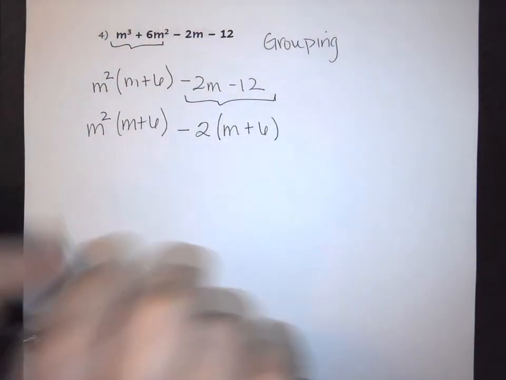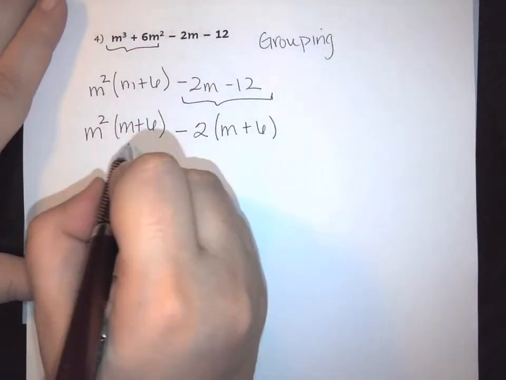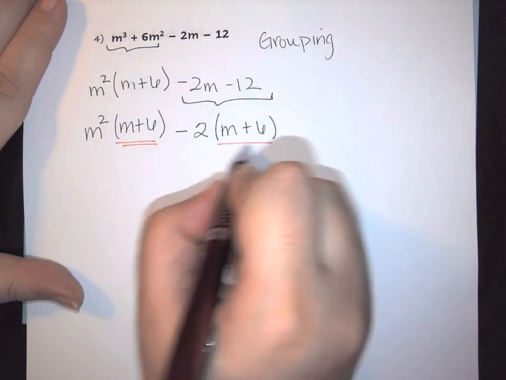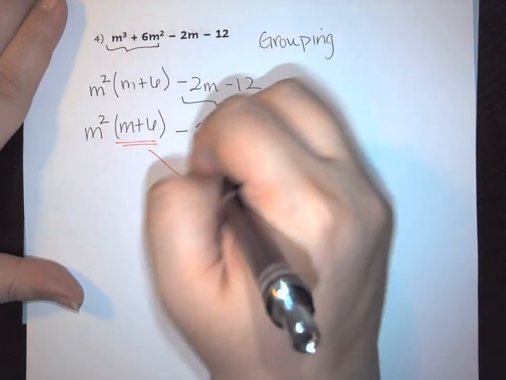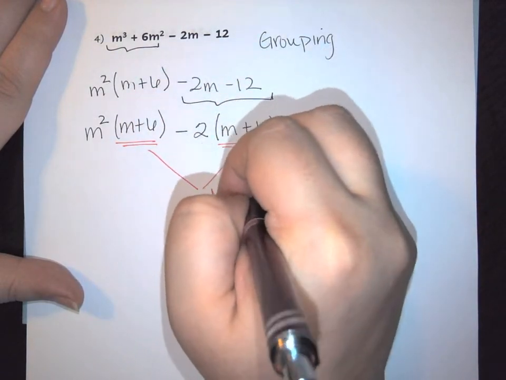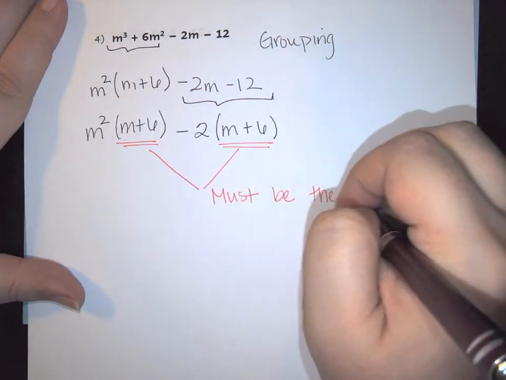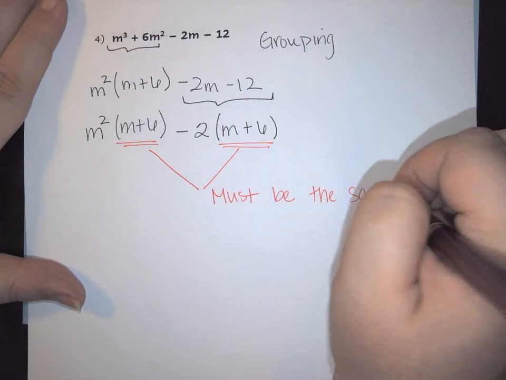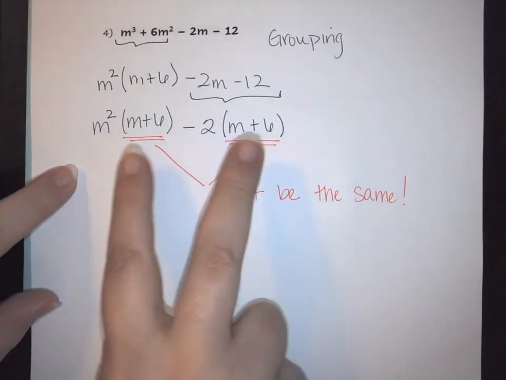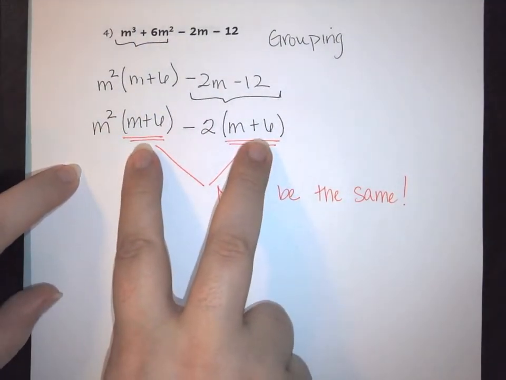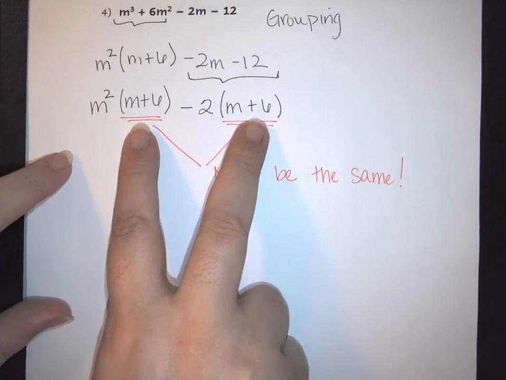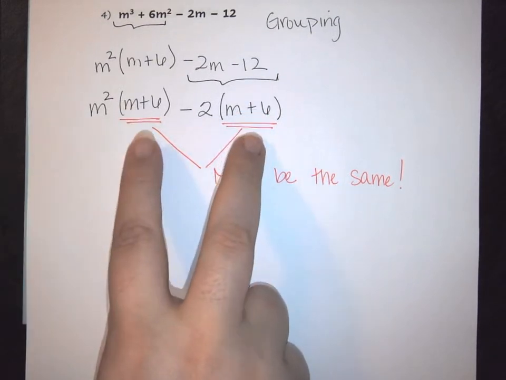And now what I want to make sure is that this factor and this factor must be the same. If these two factors end up being something different, then you've either done your grouping wrong or this problem can't be solved by grouping.